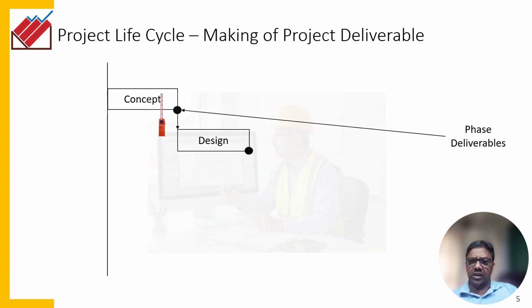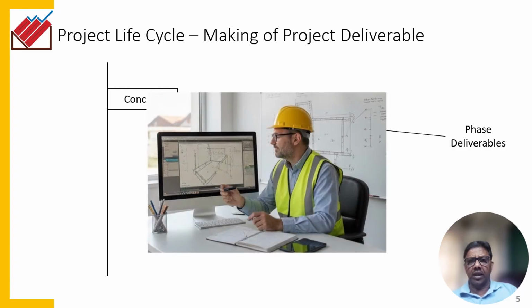Now here, the structural designer looks at the drawings that are created by the architect and then goes into each element of that drawing and designs it for construction. So for example, he'll design the foundations with all the proper sizing basis the load that the house is going to have.